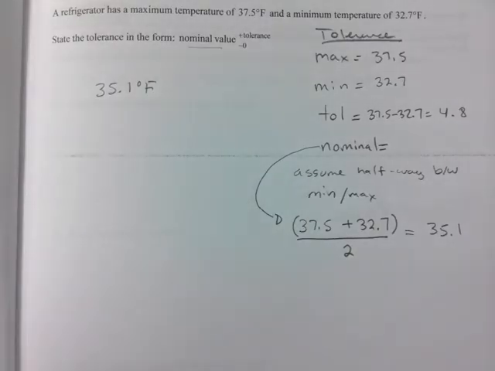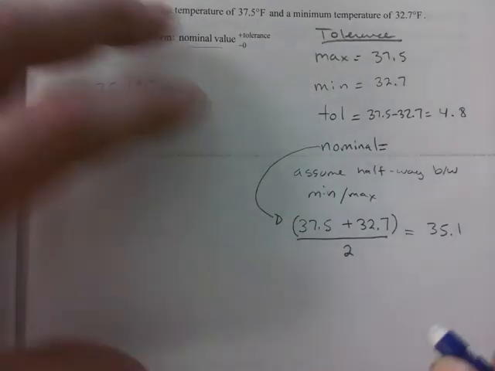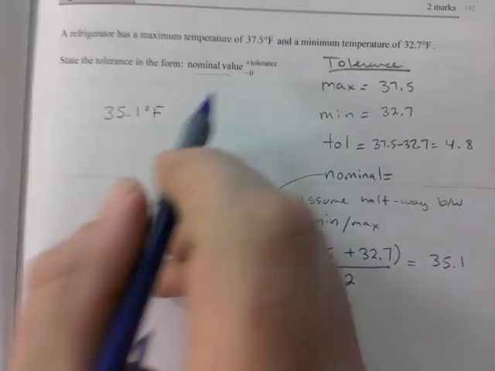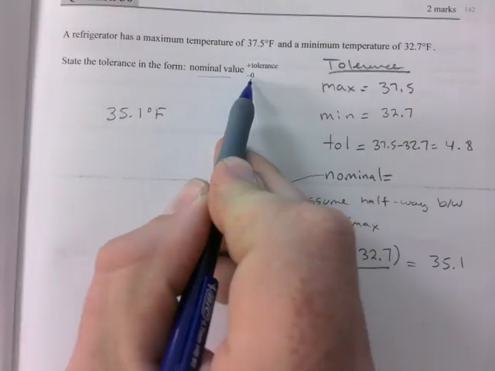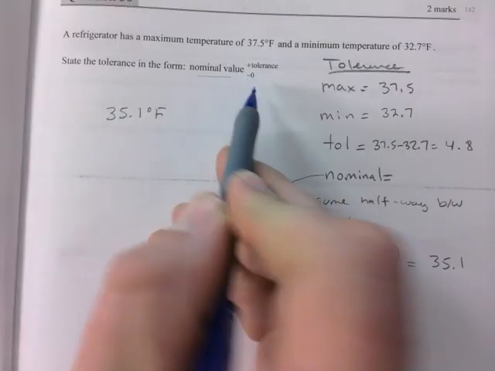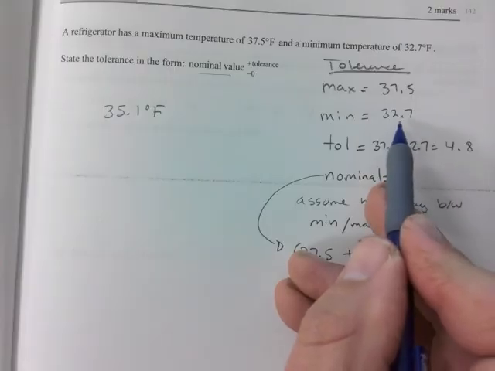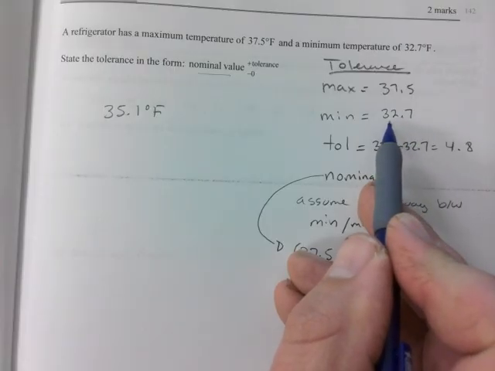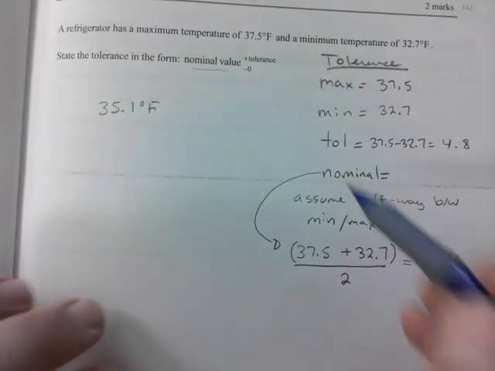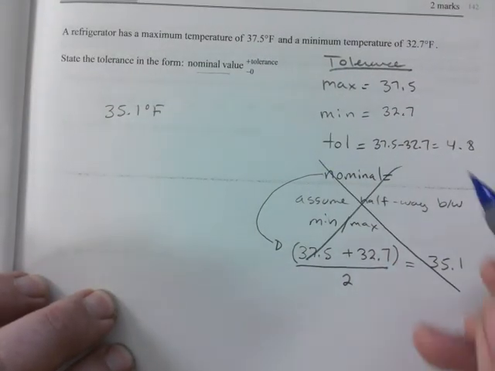Oh, hold on. I made a mistake, guys. Undo. I forgot to read. This is probably, what does it say? Minus 0. So then this is what they want in there, right? This is my nominal and the lowest at the same time. So I apologize.